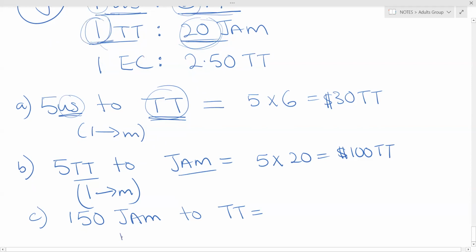We will have to divide because every 20 inside of this will give me 1 TT. So it's now going to be 150 divided by 20. You're following me? Yeah?